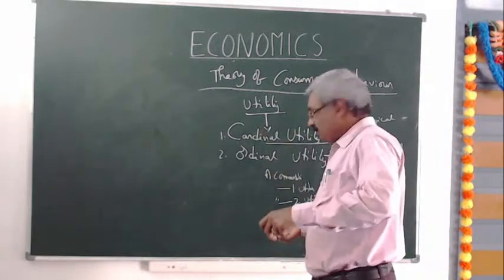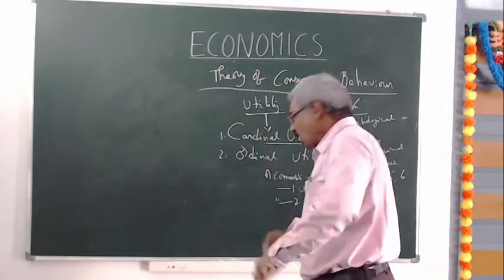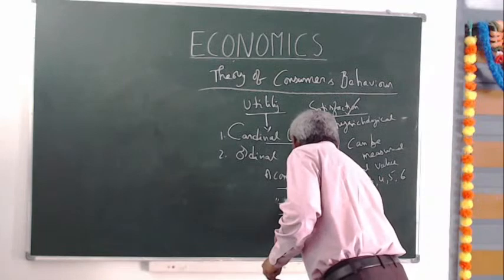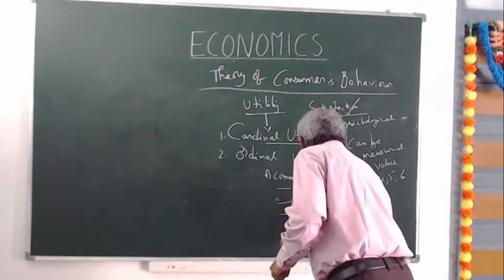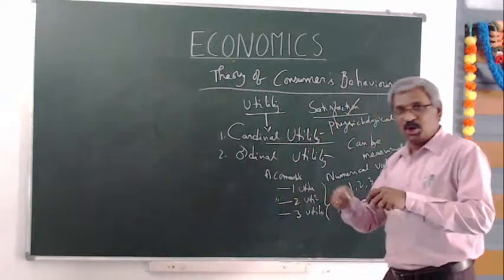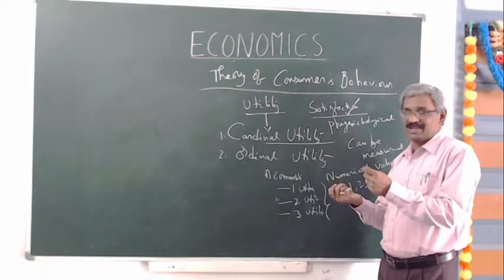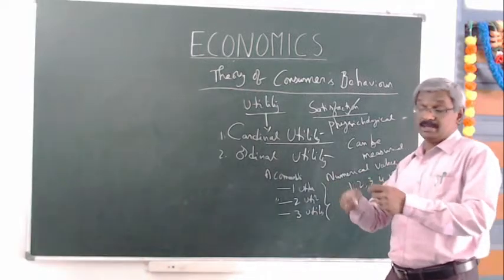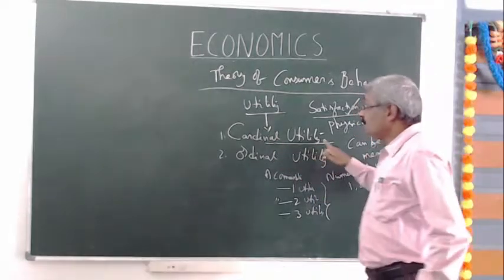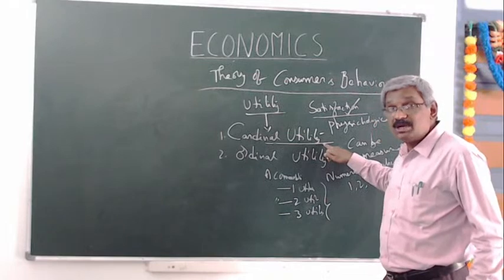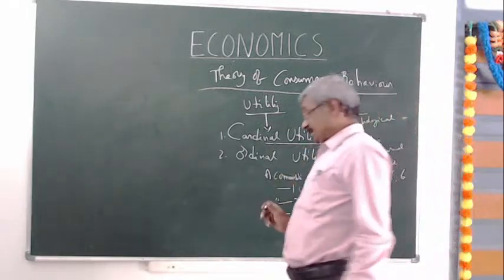Or he consumes another commodity and gets three utilities. So through utilities and numerical values 1, 2, 3, 4, 5, 6, satisfaction can be measured. This utility is called cardinal utility.